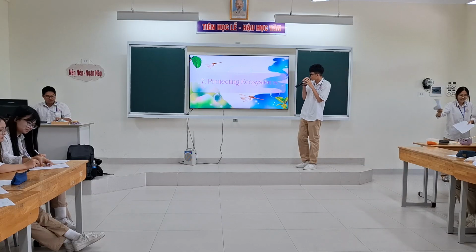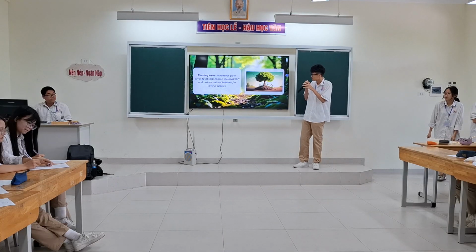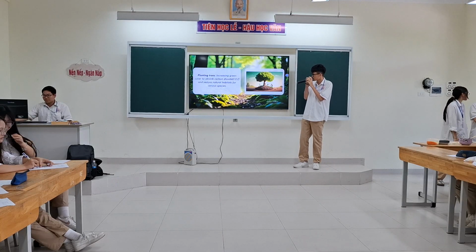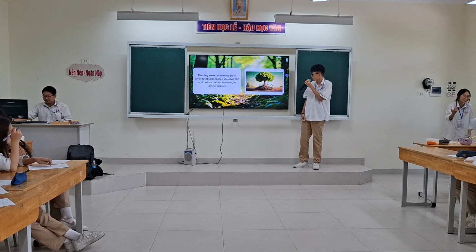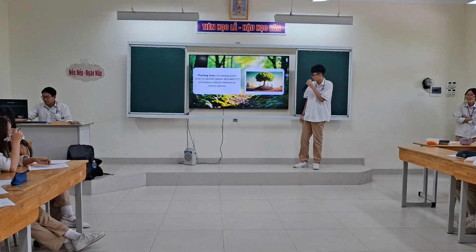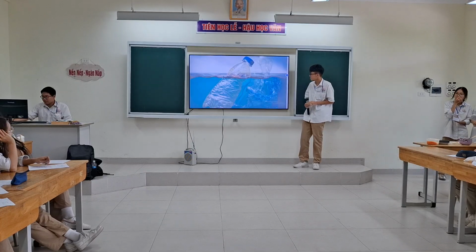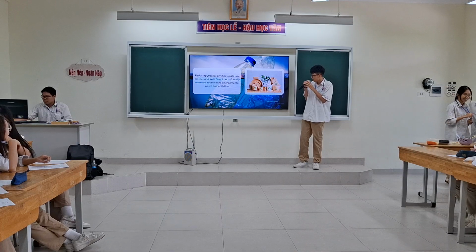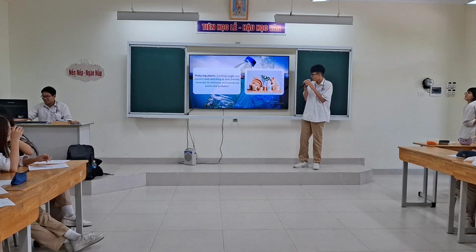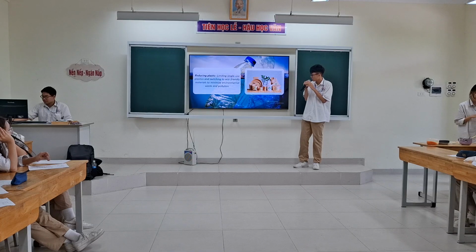Next, protecting ecosystems. Planting trees, increasing green cover to absorb carbon dioxide, CO2, and restore natural habitats for various species. Reducing plastic, limiting single-use plastic, and switching to eco-friendly materials to minimize environmental waste and pollution.